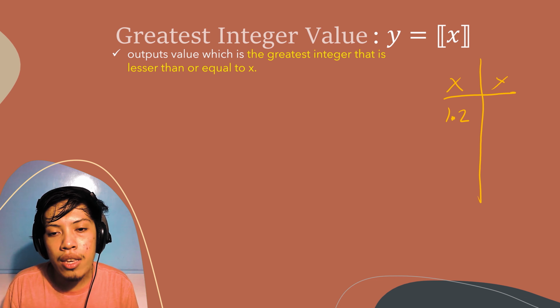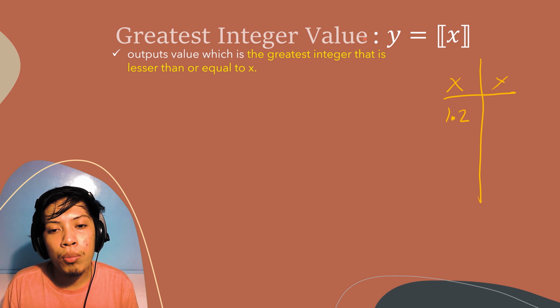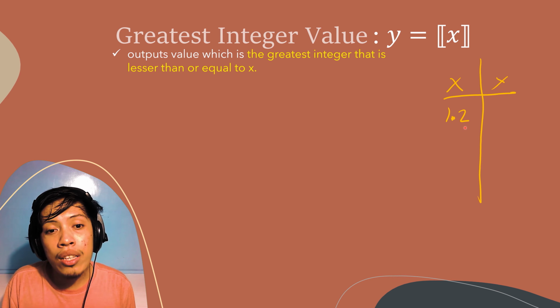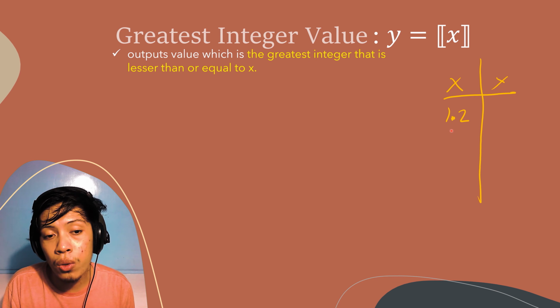So it says here, this function outputs the value which is the greatest integer that is just lesser than or equal to x. So 1.2 is your x. The greatest integer that is just lesser than or equal to this value.